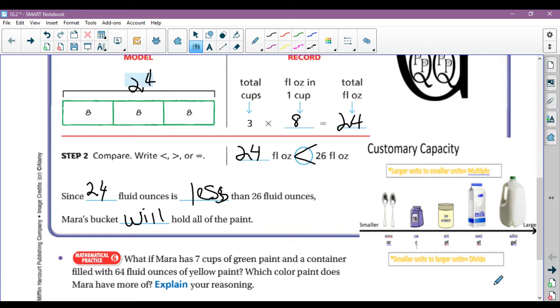So it will hold the paint. I did include this picture from the slide presentation because I think it helps you get the picture of each of these in your mind, so that when you're comparing, you can tell if you're going from larger to smaller or smaller to larger.